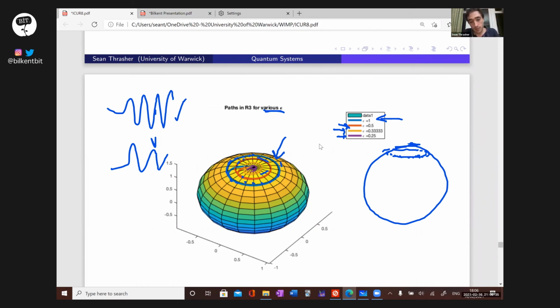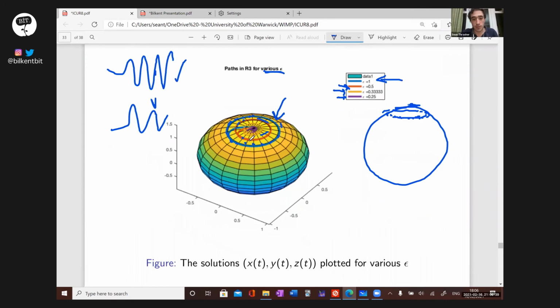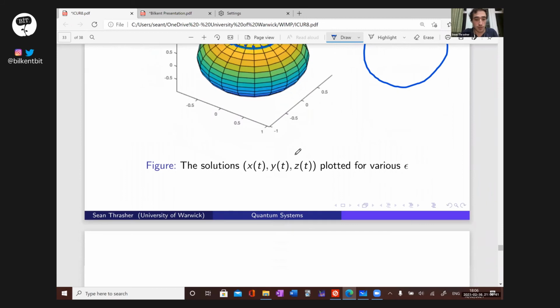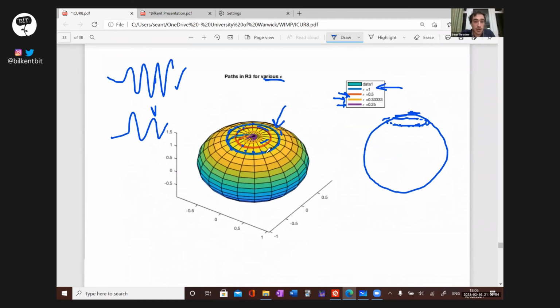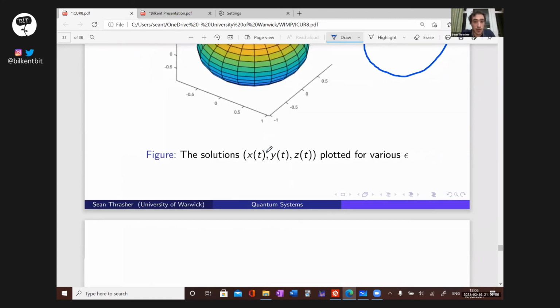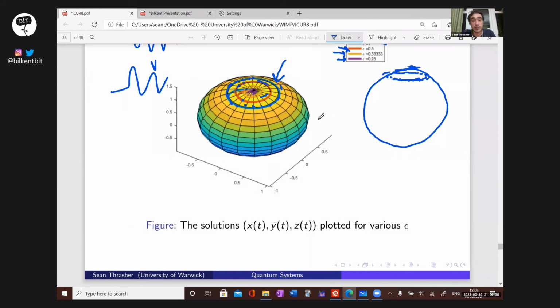Okay, so I hope you appreciate this is a pretty interesting graph, and it confirms our intuitions. Now the question is, can I see this probability as a function of time?